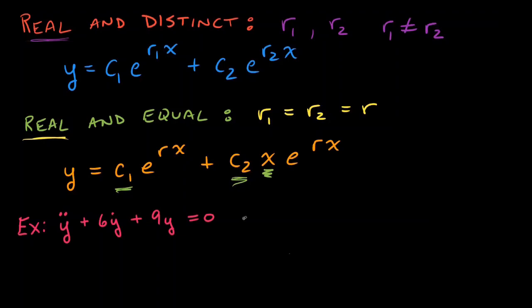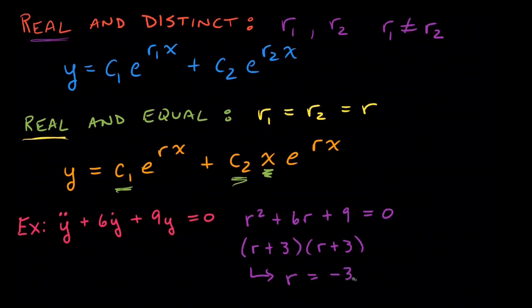So we get r squared plus 6r plus 9 equals 0, which we know we can factor as r plus 3 times r plus 3, which means that our roots are going to be r equals -3 and -3. So we have a pair of real repeated roots.